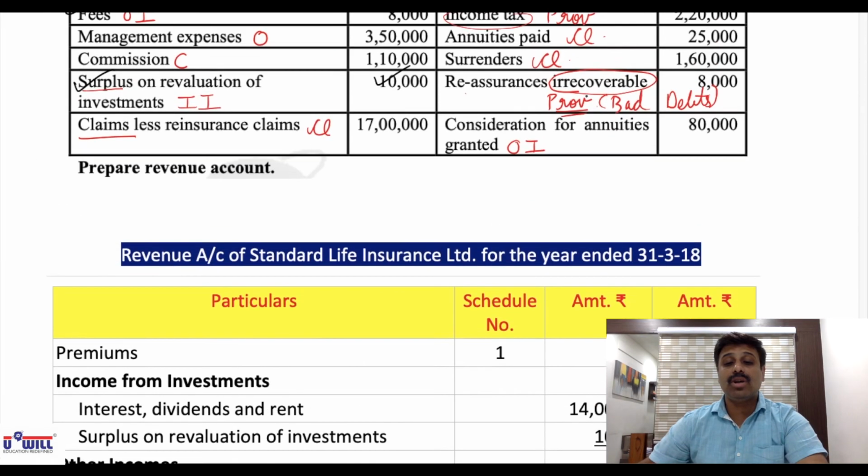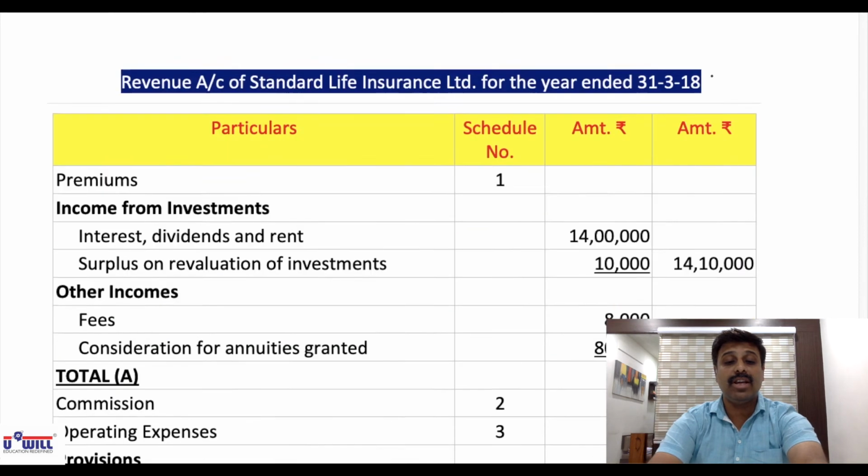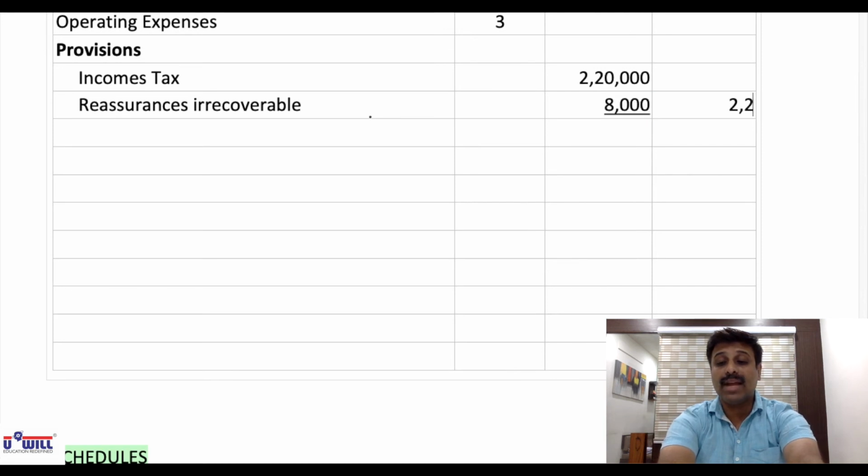And reassurances irrecoverable 8,000. So total provision we have to create of 2,28,000. That will give us total B.